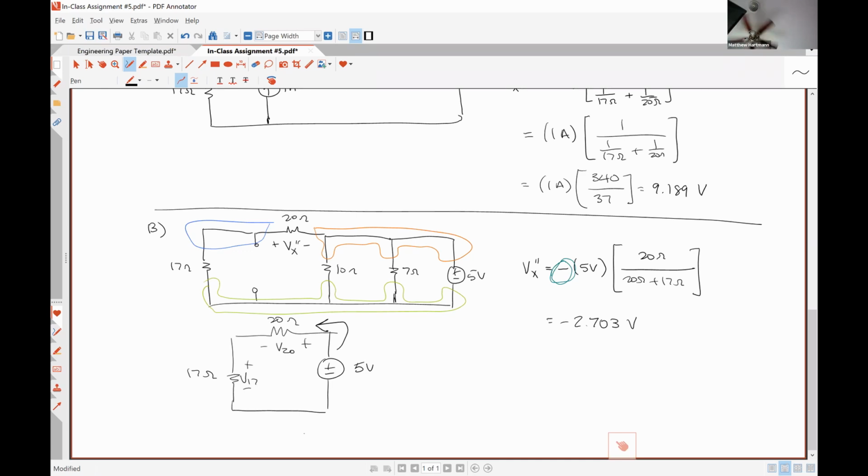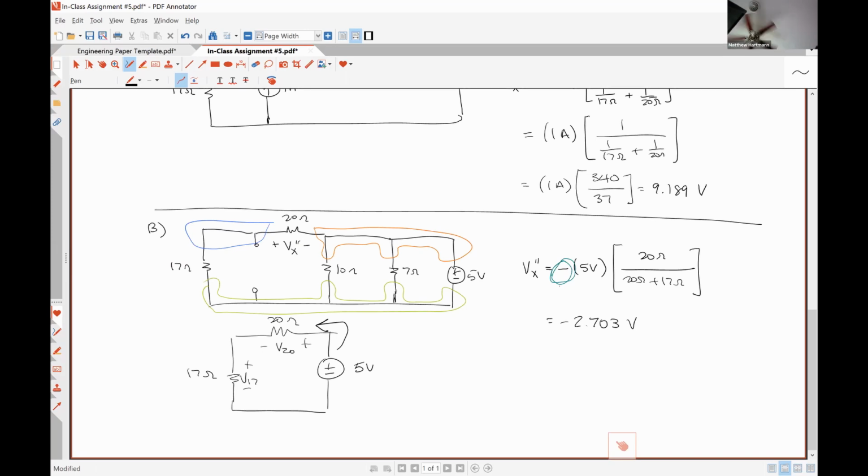Now the issue that we're having here is that the quantity Vx double prime has the opposite polarity as what we would expect, and so that's where that extra negative sign comes from. I think I addressed that in one of the example problems that I worked on in the pre-recorded lecture, but I just want to make sure that I cover it well because it's going to potentially trip you guys up.